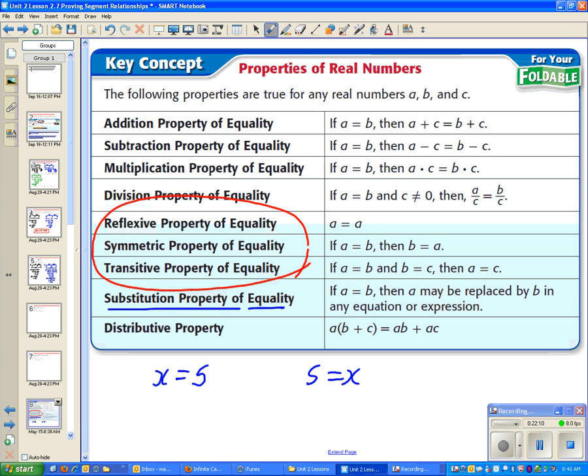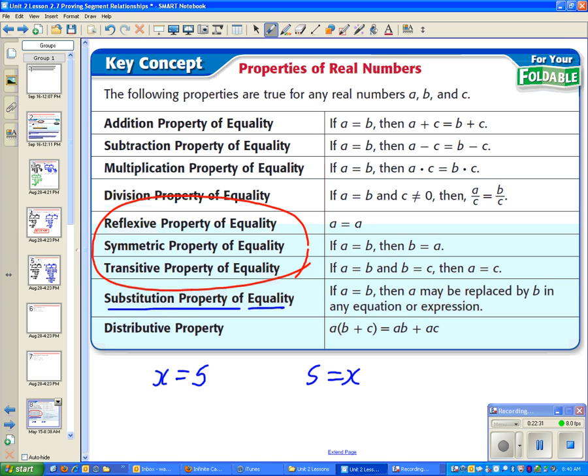It also means that B can be replaced by A. So, in other words, once you know 2 things are equal, one can replace the other anytime you want. Once you know that X equals 5, you can replace the X with 5. You could also replace a 5 with X.